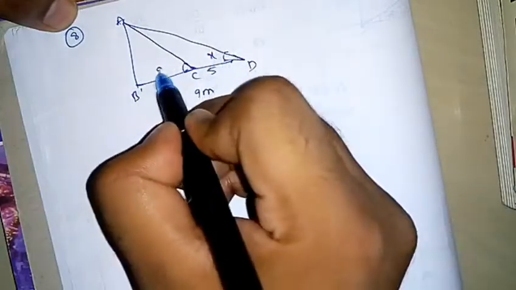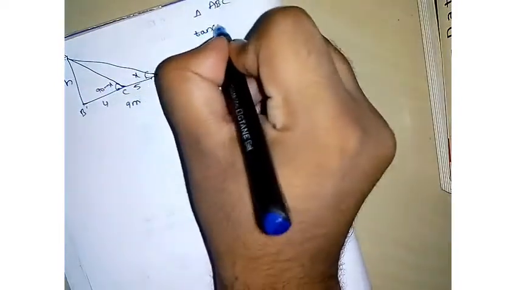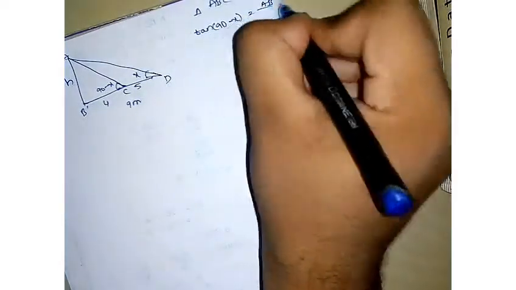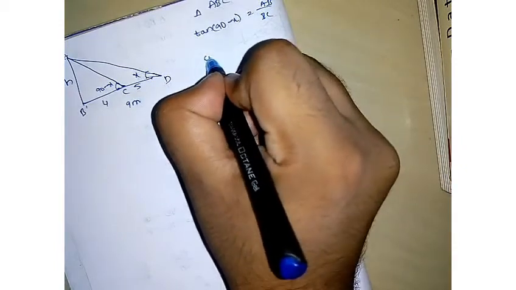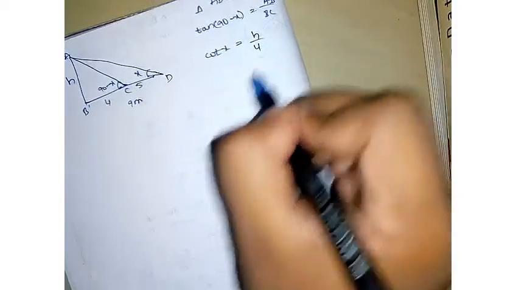If this is x, this will be 90 minus x. So the height of the pole will be h. In triangle ABC, tan of 90 minus x is equal to AB by BC, which is cot x, equal to h by 4.